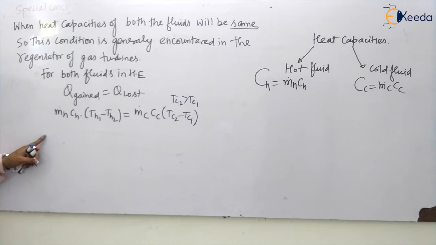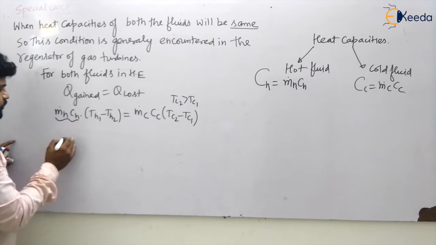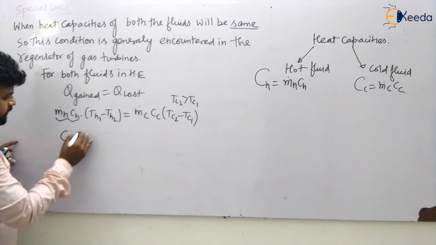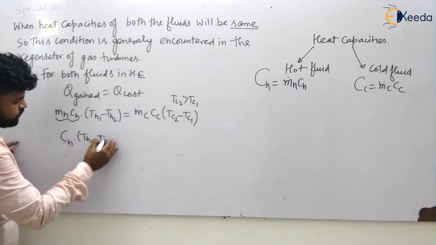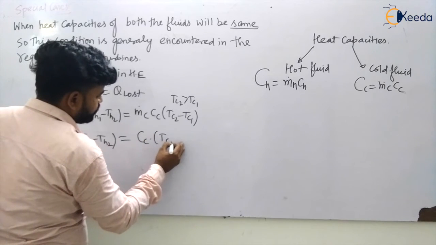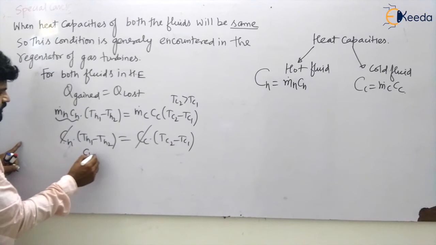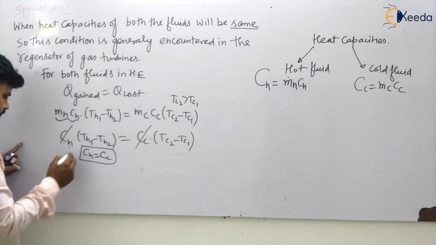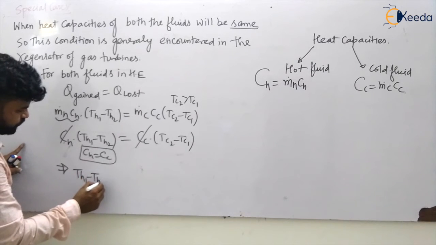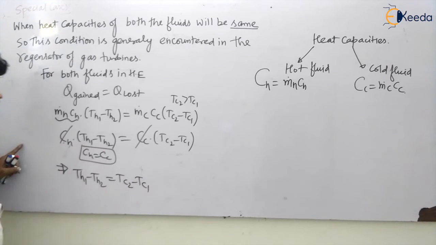Now the heat capacities of both the fluids are the same, so that will be CH into TH1 minus TH2, and this will be CC into TC2 minus TC1. If CH is equal to CC, then you will have TH1 minus TH2 equal to TC2 minus TC1.